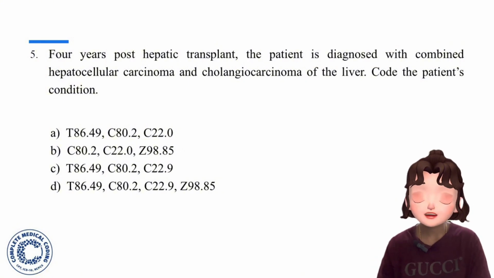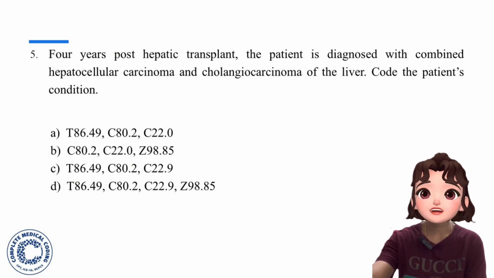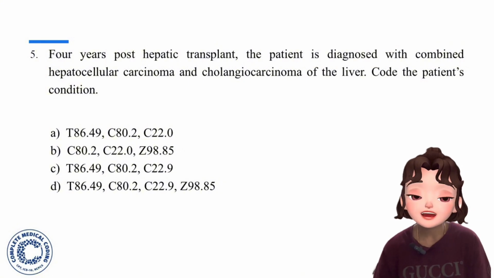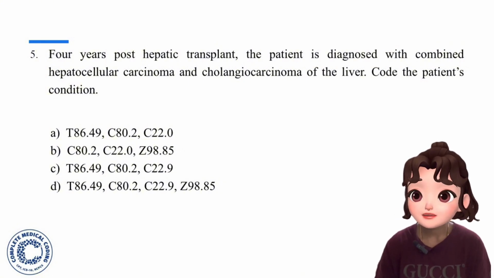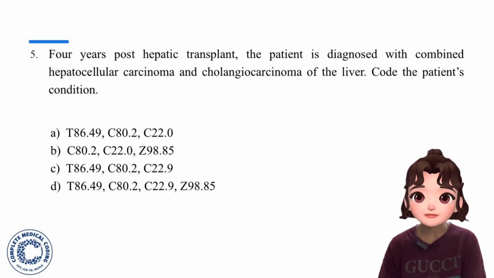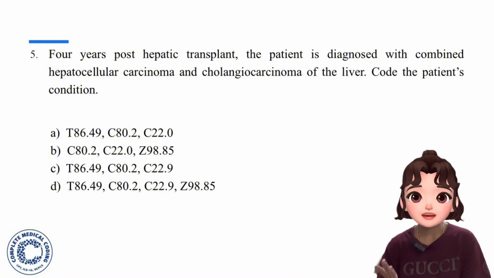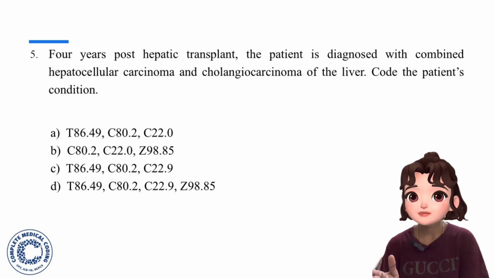And then cholangiocarcinoma of the liver also needs to be coded. C22.0 is liver cell carcinoma. Hepato means liver, cellular means cell. So liver cell carcinoma is C22.0, and for cholangio, you can code it however you want.